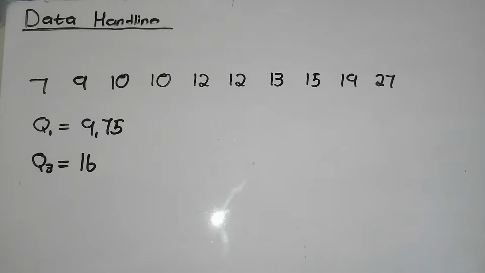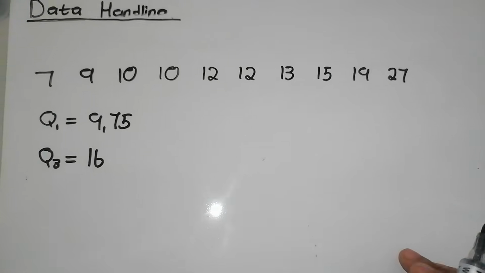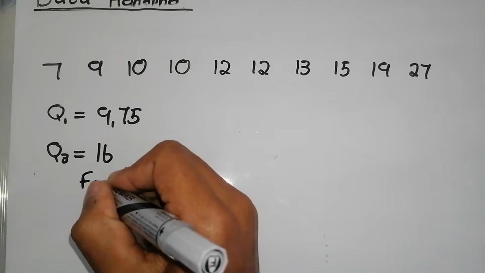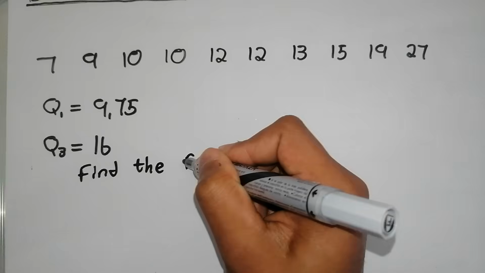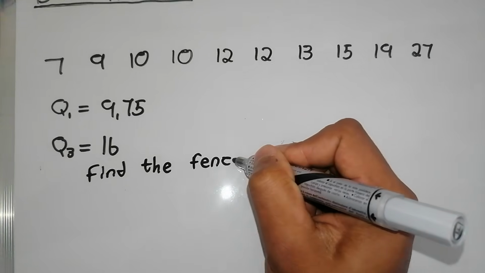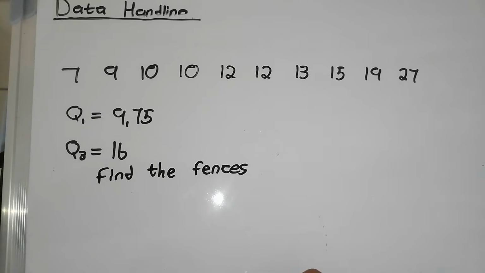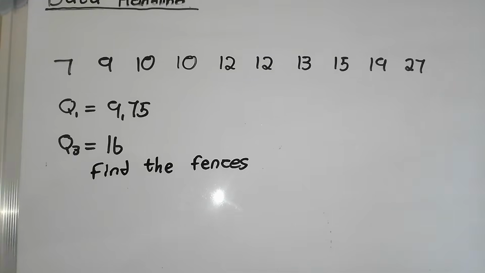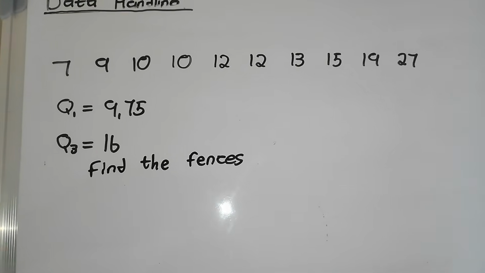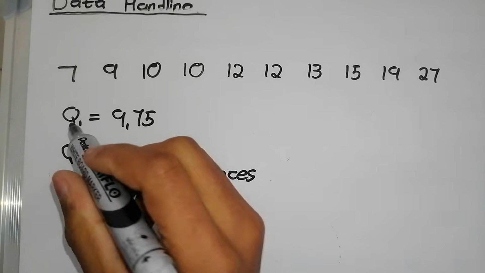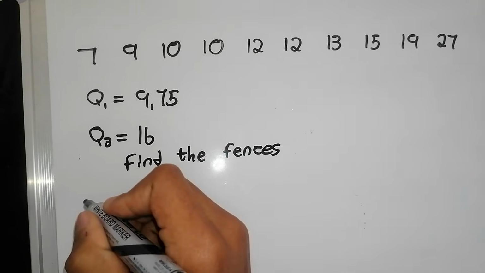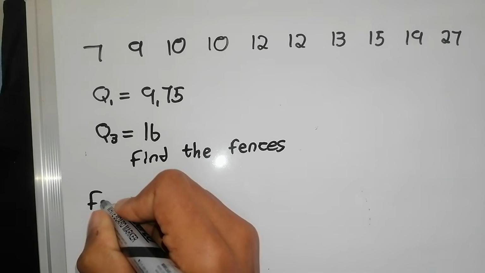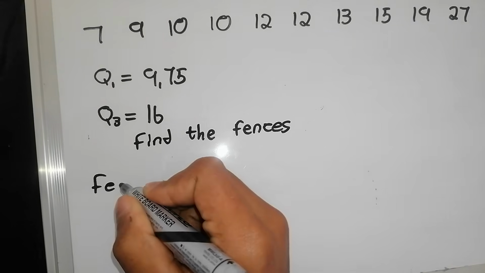Okay, so we are given a set of data, and they say find the fences. If you check, we already determined our lower quartile and upper quartile, so we can just jump straight into finding the fences. We're gonna start with the lower fence.